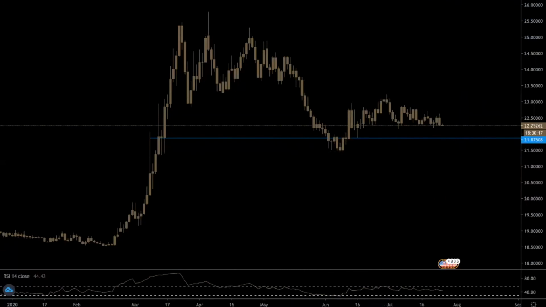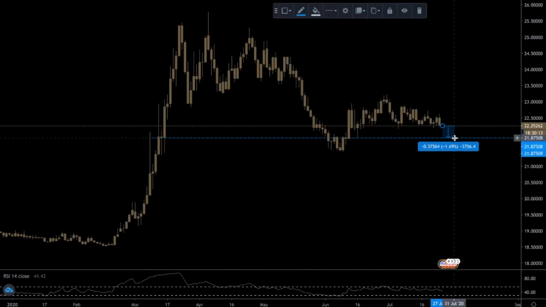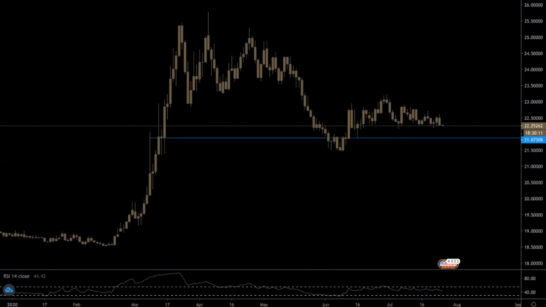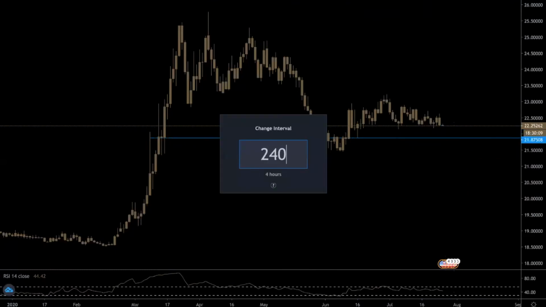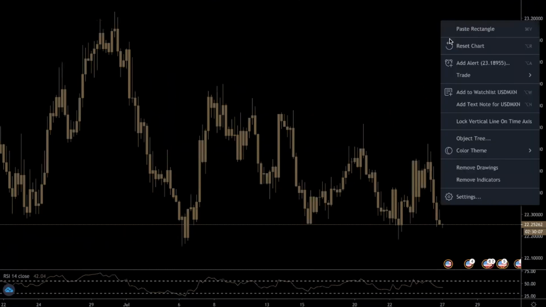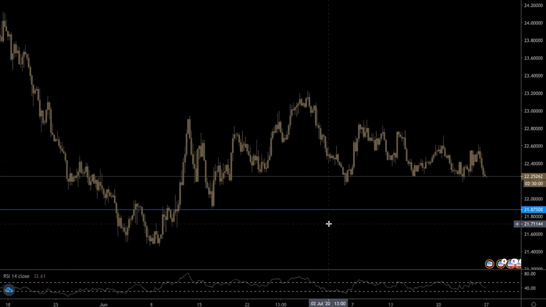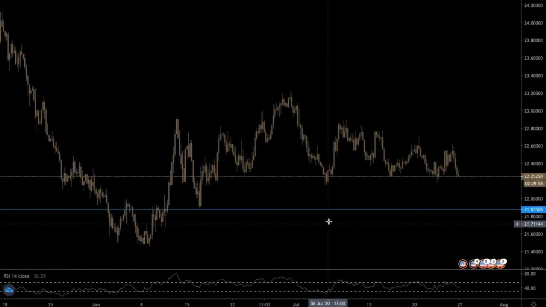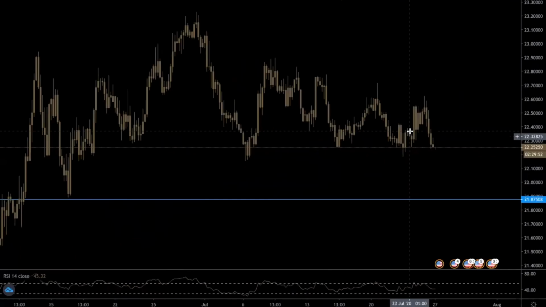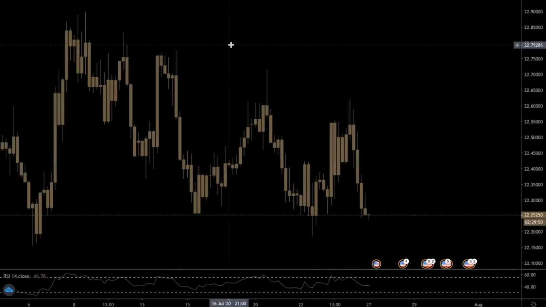This is roughly a 300 pip gap. But let's zone it in. Yeah, we're just coming into simple support, but even this all here looks fine and dandy.